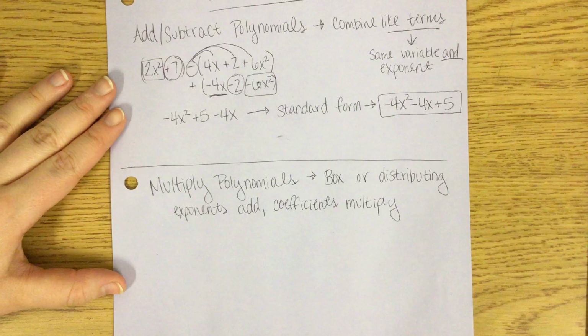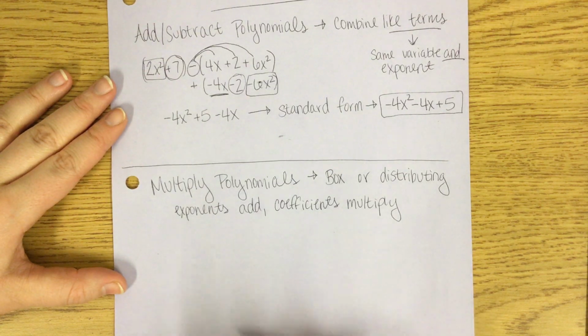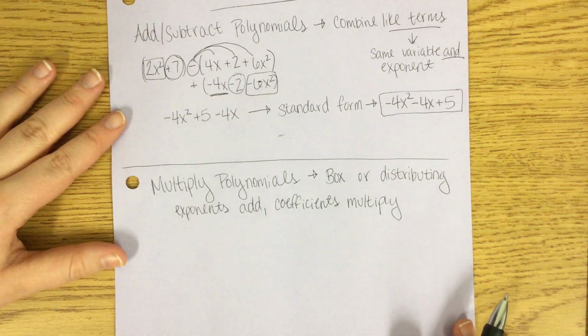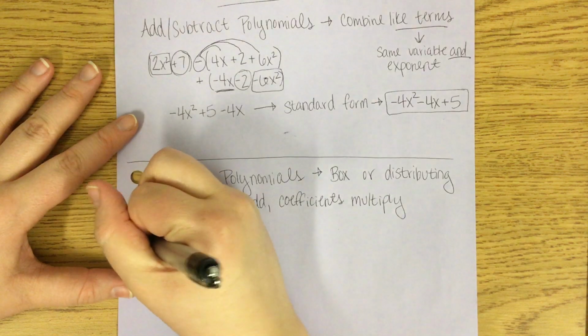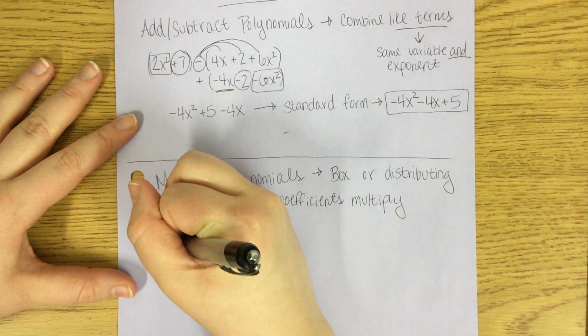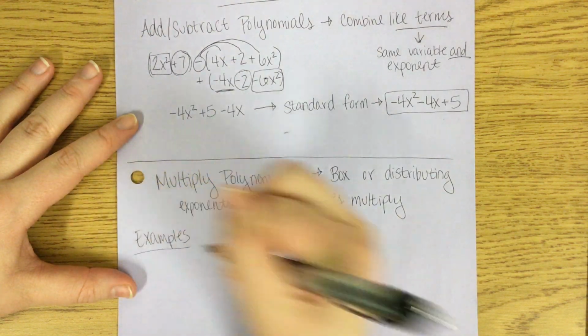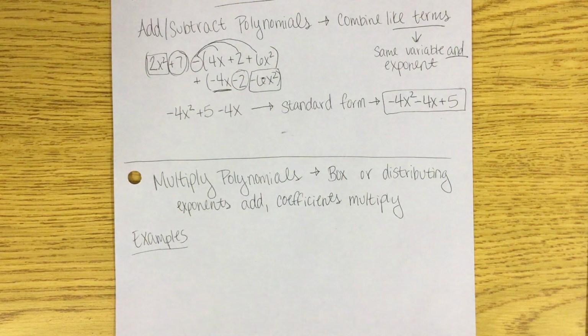Okay, that's all I really want to remind you of. So again, leave yourself some space to put down some examples. Okay, they can be examples straight off of the review page you're going to get.